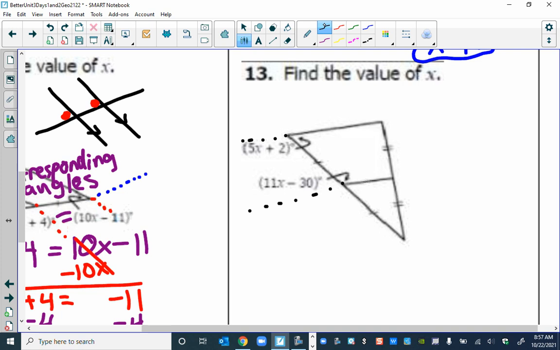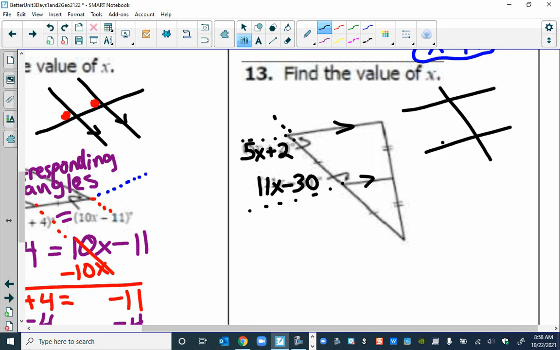5x plus 2. So again, we have an angle, 5x plus 2, and 11x minus 30. Now, unlike before, the only slight difference, it's not really much of a difference. We still have parallel lines. So when we had a problem, these lines are parallel.